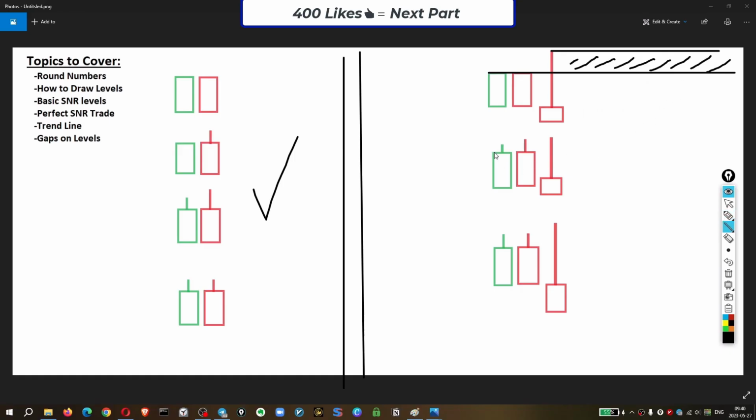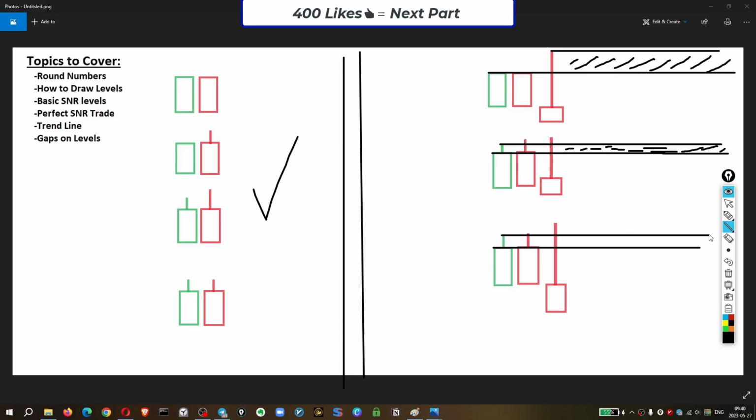About this one, still one from the candle's body, one from here. The area is going to be here. We have to kind of cover the most shadows we can. Here we draw the line. We have two same size shadows still.